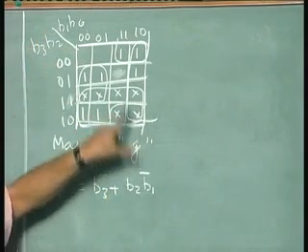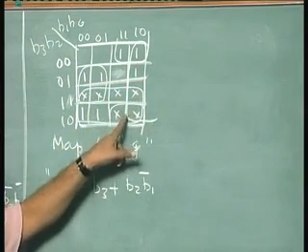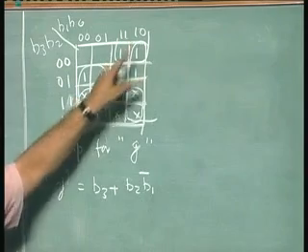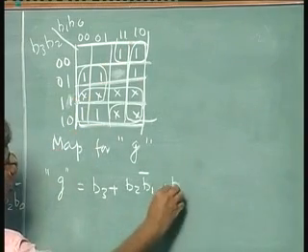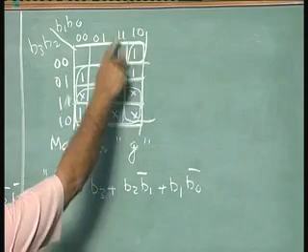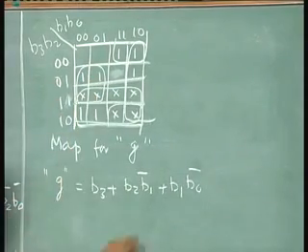This term, the last one, B1, B0 bar, and this would be B2 bar, B1.